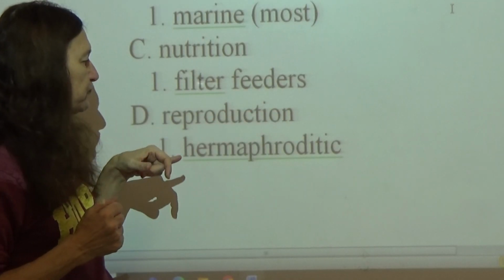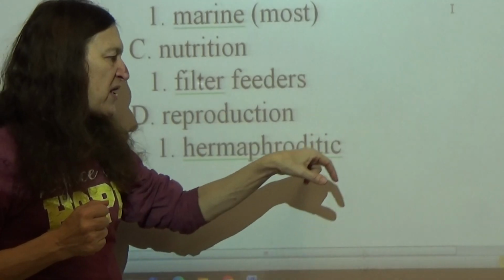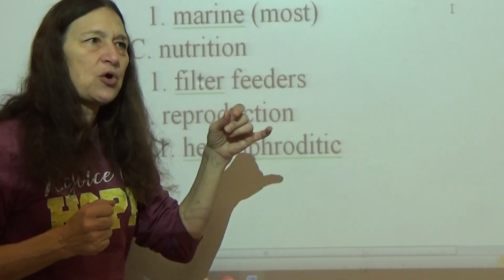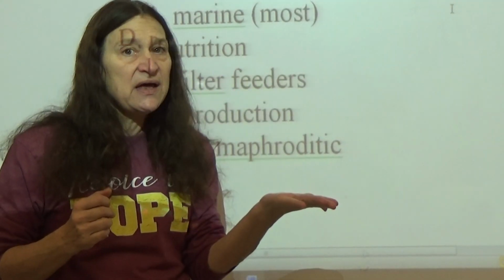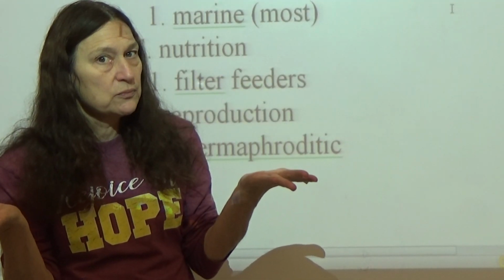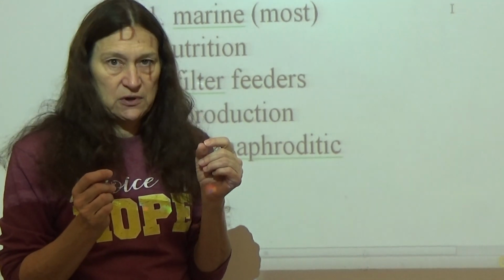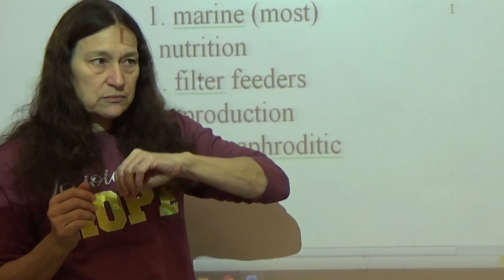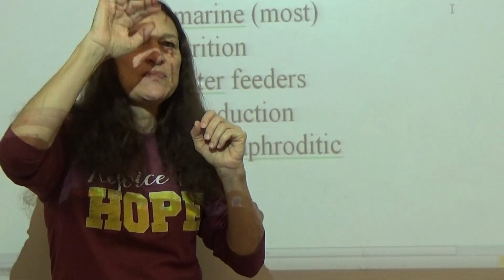Reproduction. They are what we call hermaphroditic. Hermaphroditic means that they produce both eggs and sperm. Okay? They do not fertilize themselves. They will produce the eggs, they will produce the sperm.